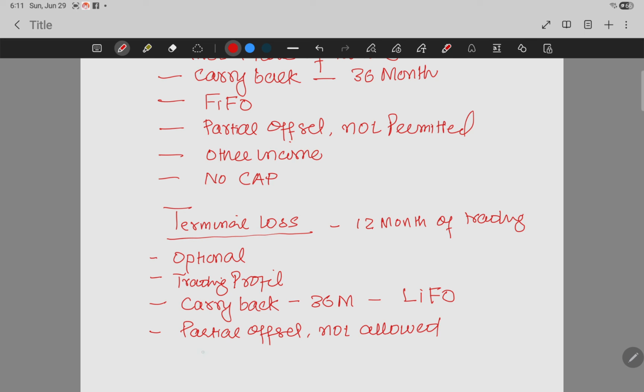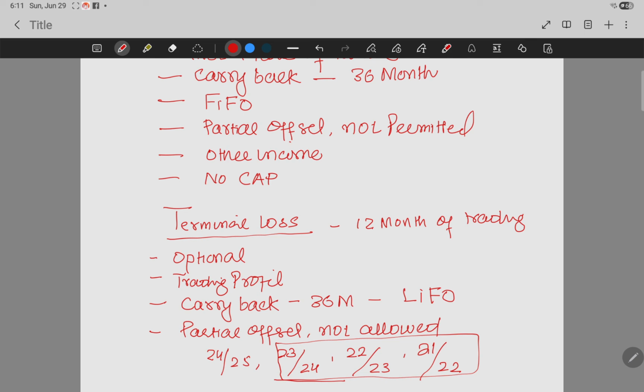So last in, first out means if the year of cessation is 24-25 and we have a loss in it, first you have to use 23-24, then 22-23, and then 21-22. These are the last 3 years in which we can offset terminal losses.